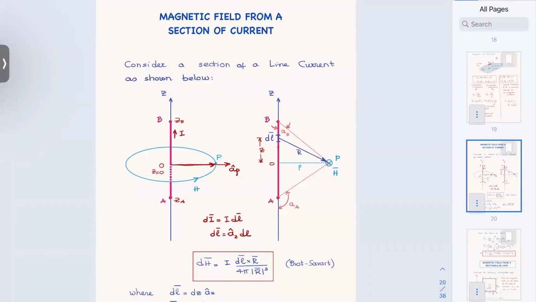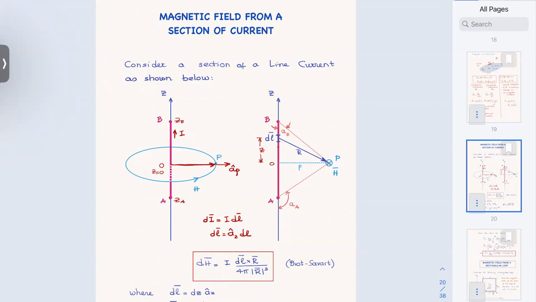However, we can consider a closed path that is made out of straight sections of line. So it will be very useful to know how to calculate the magnetic field coming from a straight section of line, and then sum them all up, as you will see, when we have a square loop as opposed to a circular loop.